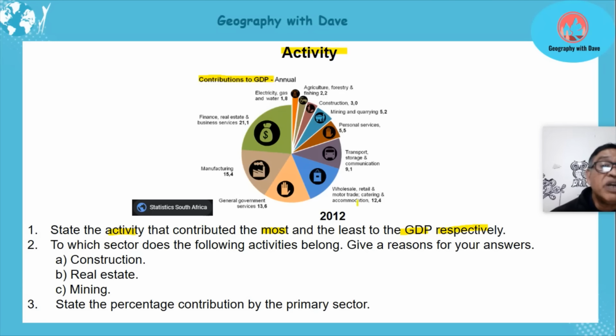So I look at my figures. These are my percentages. And I'm looking here. I see 12.4, 9.5, 5.2, 3.0, 2.2, 1.8, and I see 1.8 is the lowest. I didn't ask you for an economic. So it's electricity and gas, which is the lowest, the least.